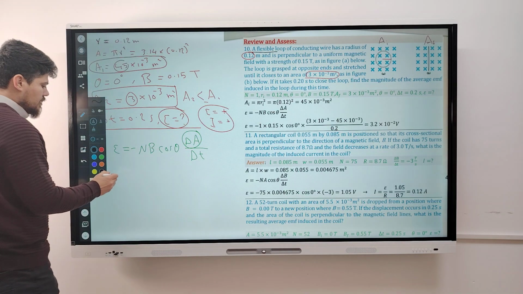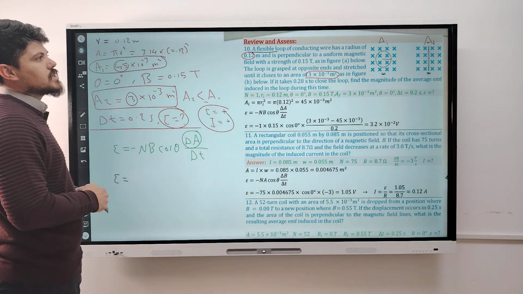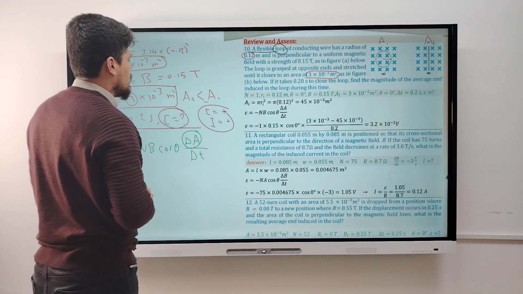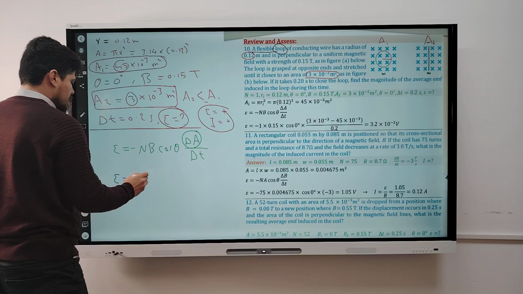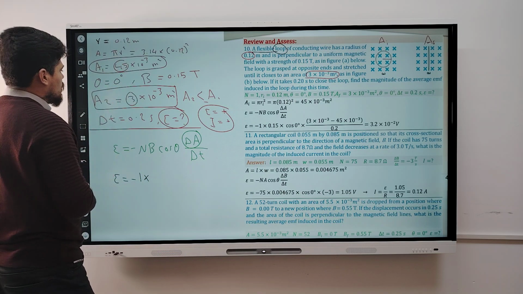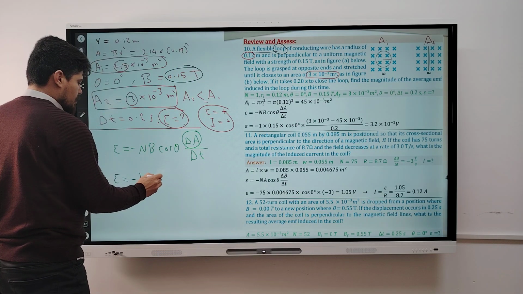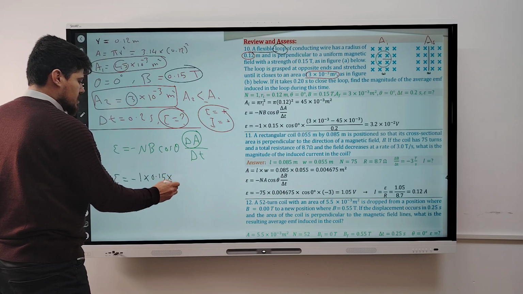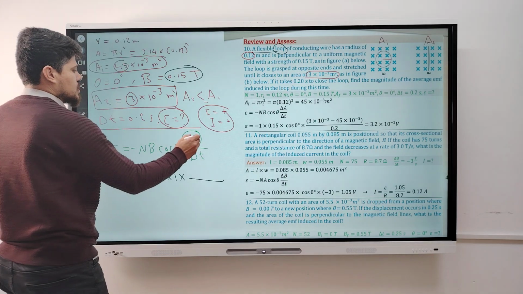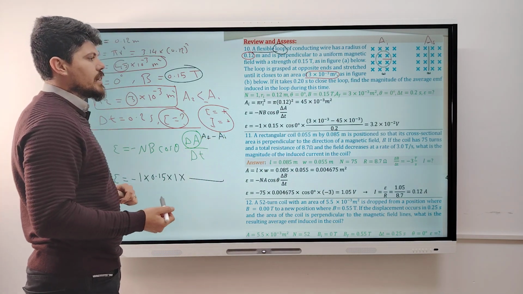Replace the numbers. As you know, the number of turns for the loop is one turn, okay? 1 times the magnetic field that was given, 0.15 Tesla, 0.15 cosine 0, times A final minus A initial, or A2 minus A1.